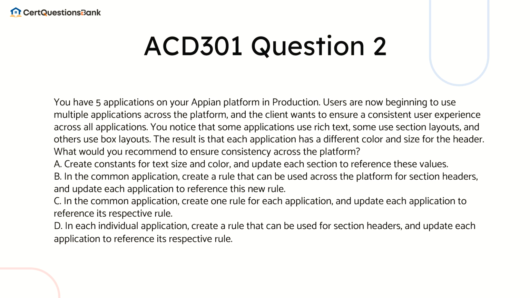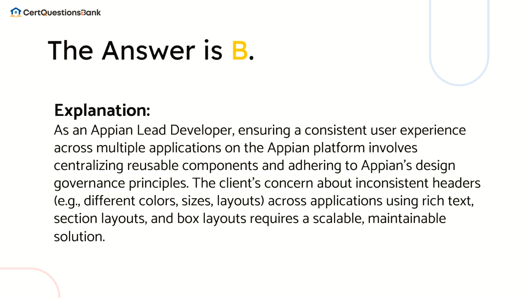C. In the common application, create one rule for each application, and update each application to reference its respective rule. D. In each individual application, create a rule that can be used for section headers, and update each application to reference its respective rule. The answer is B.